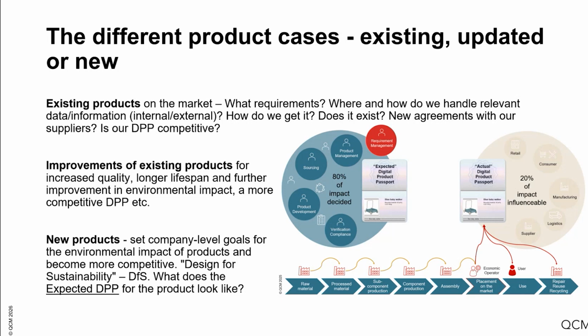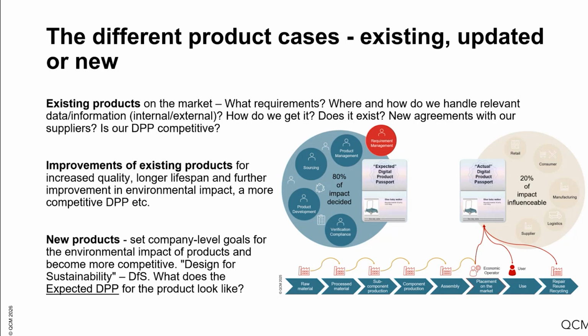So you design for a longer life. If you design for this assembly to easily collect these used parts that you want to remanufacture and use again, and so on. So you really need to look into the design, and a lot of the impact of the product is decided in the design, as we see in this image.